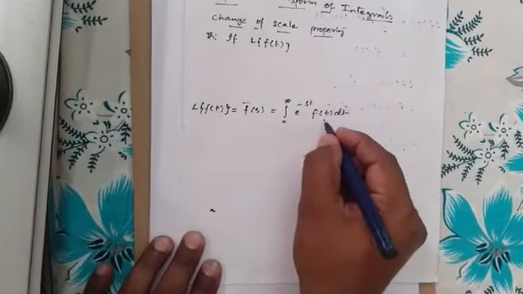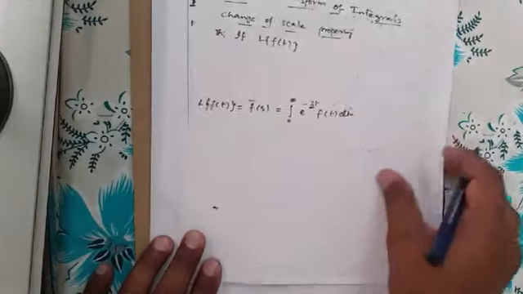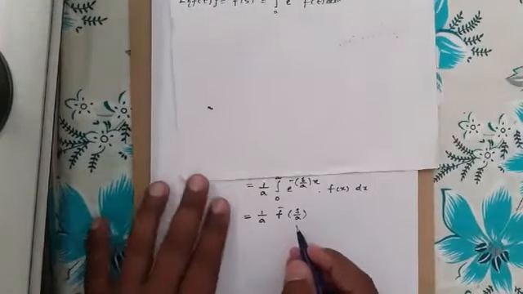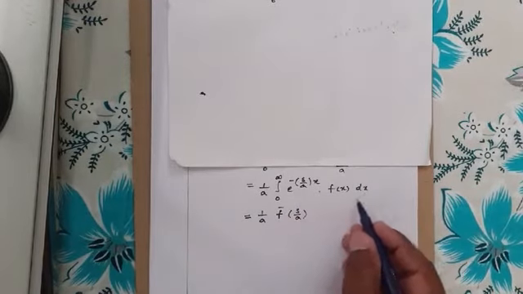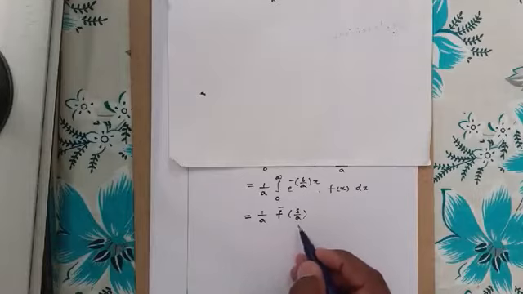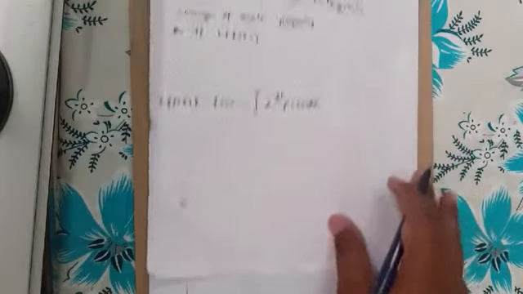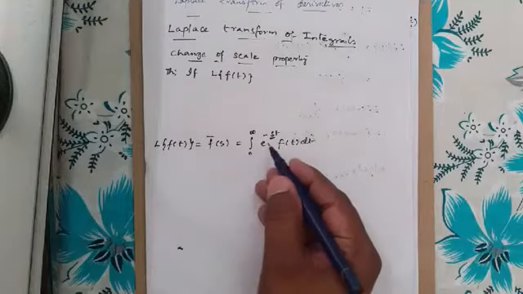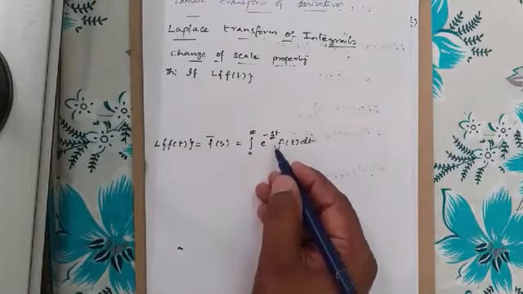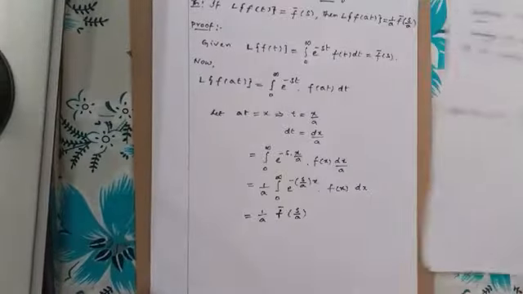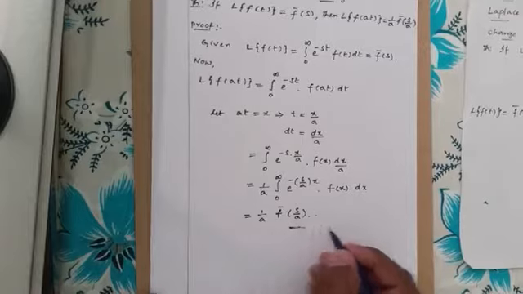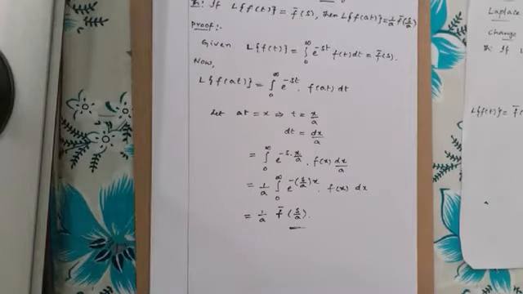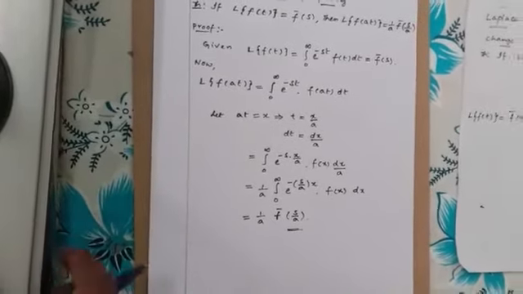So here whatever s we have, here we write. Now you can see here we have e power minus s by a into x f of x dx. So we can write f bar s by a. Hence the proof. So this is the proof of the given change of scale property.